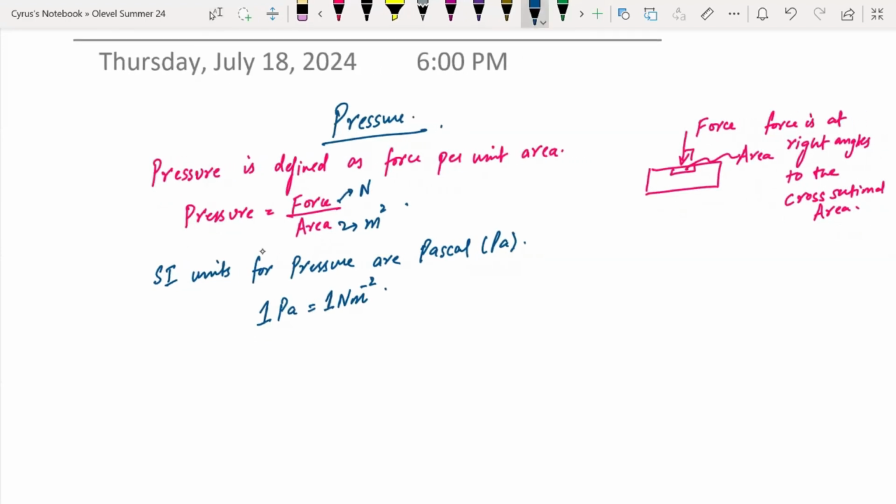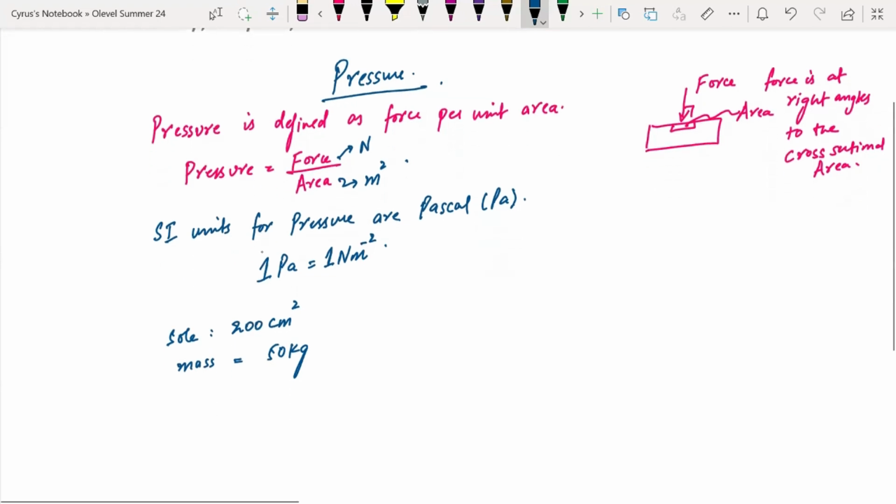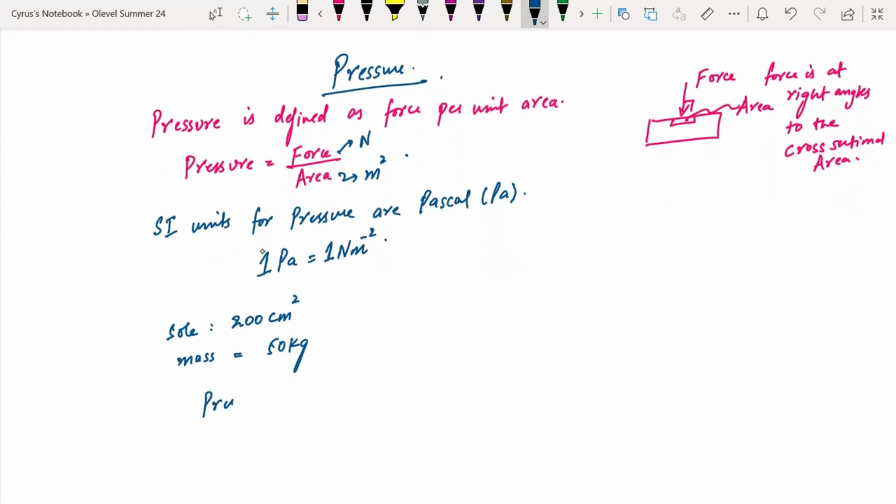If you have a sole of a shoe which is of 200 centimeters square, the mass of a person is 50 kilograms, for example. Generally, you calculate the pressure exerted. There is a shoe here, of sole 200 centimeters square, right?